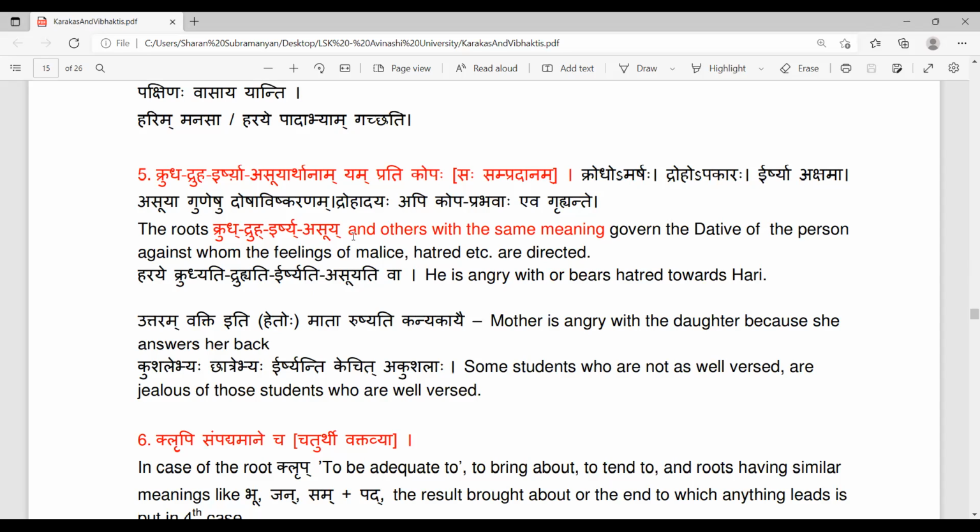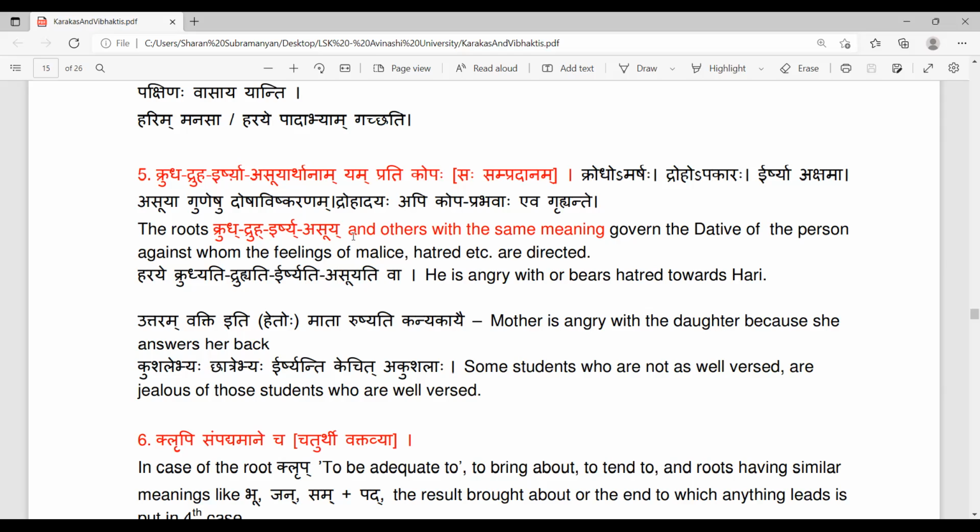Haraye krudyati. Kamsaha haraye krudyati. So with the krud dhatu, not harim krudyati. Note that. Kamsa or Ravana, haraye krudyati, harim krudyati will not come. He is angry with, or entertains hatred.